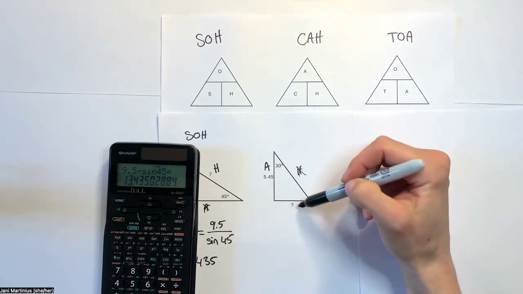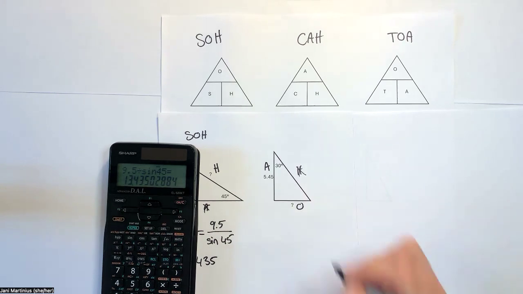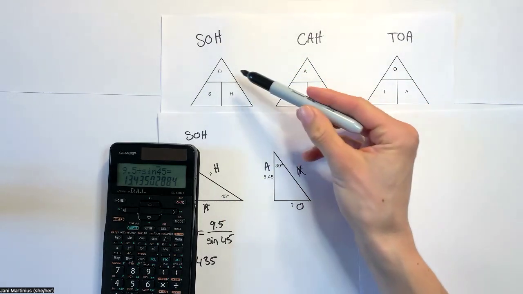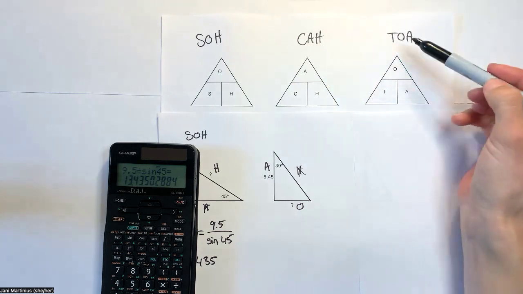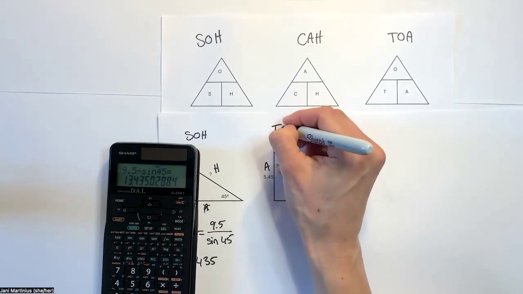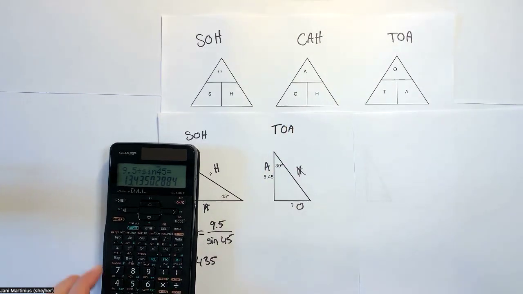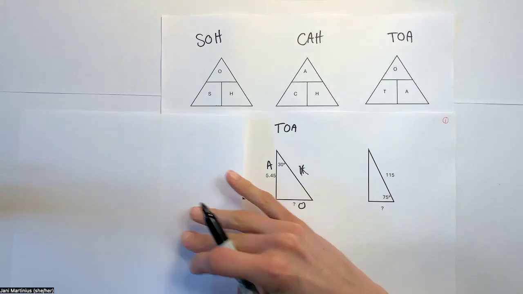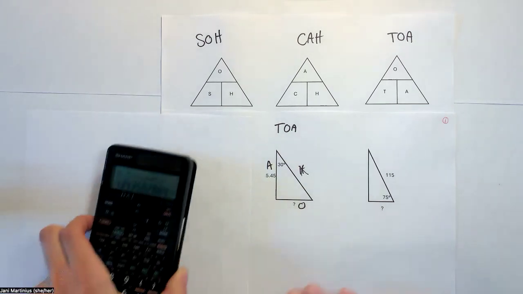And then we also have a question mark opposite, so that will be our O. Okay, so A and O, looking at what we have available. Hypotenuse is not included. O and A, that looks familiar. So we're going to go with TOA.